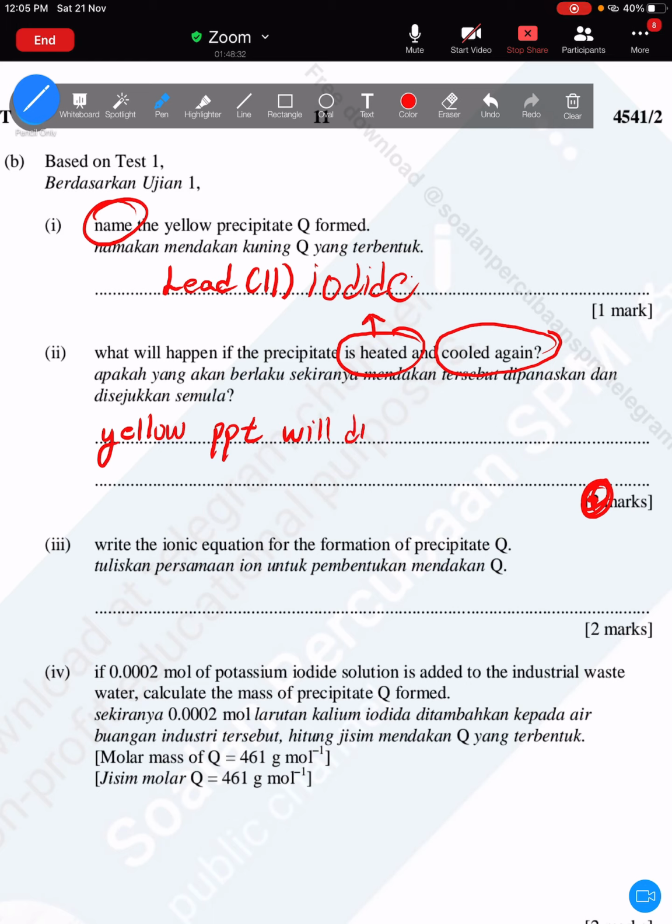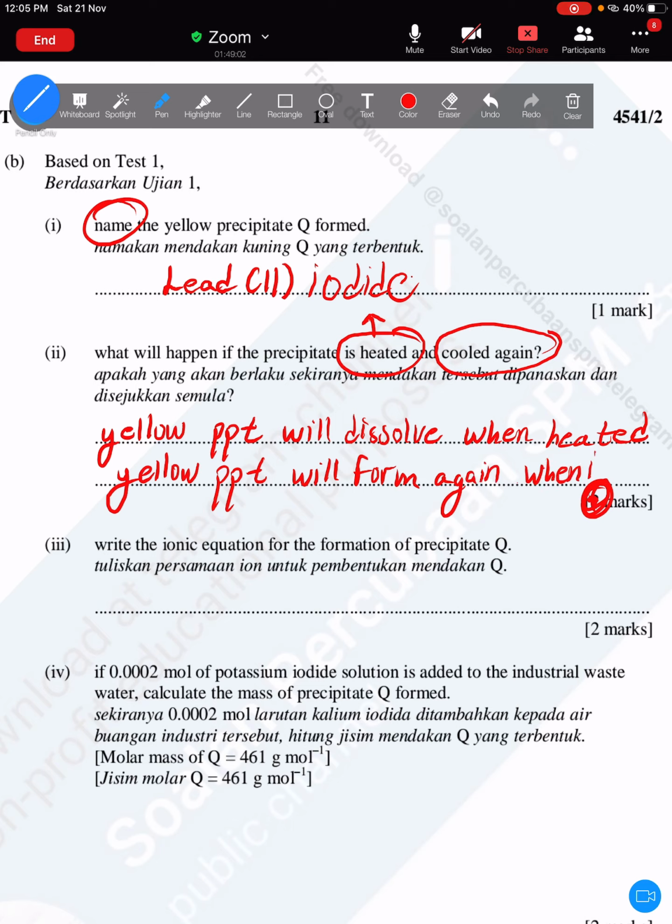The answer: the yellow precipitate will dissolve when heated, and the yellow precipitate will form again when it is cooled. Okay.